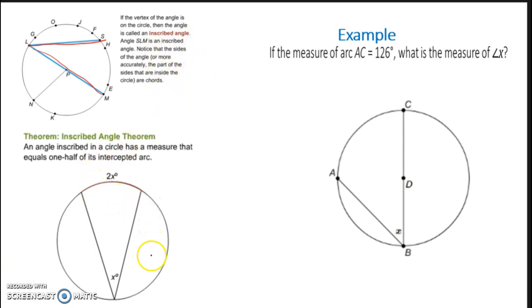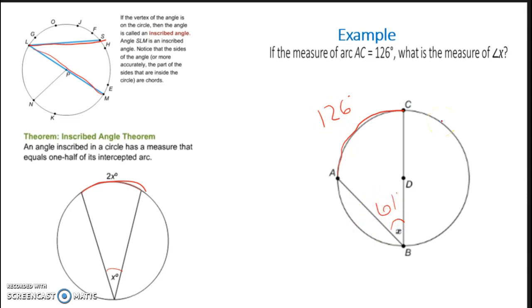There is a theorem about inscribed angles that says that the inscribed angle is half the measure of its intercepted arc. So an inscribed angle has a measure that is half of its intercepted arc. So if, for example, this arc was 126, the inscribed angle would be half of that. It would be 61 degrees. And it works vice versa.